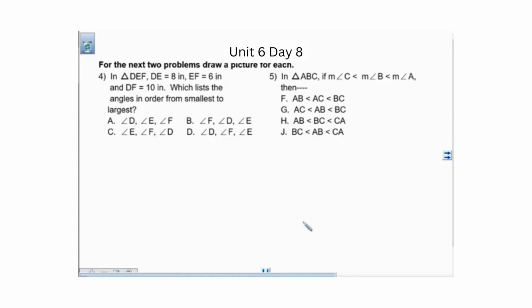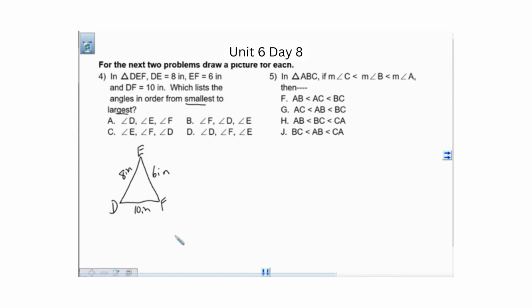Our next two problems, it says draw a picture for each, so we should be drawing a triangle and labeling it. In triangle DEF, DE is 8 inches, EF is 6 inches, and DF is 10 inches. List the angles in order from smallest to largest.